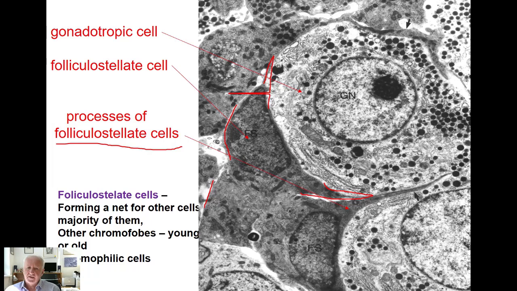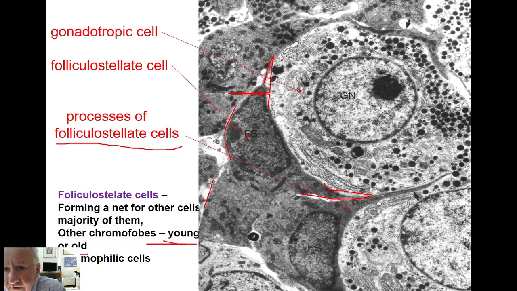So the biggest number are the folliculostellate cells of chromophobic, and a lower number can be young or very old chromophilic cells, young developing chromophilic cells, or dying old chromophilic cells. So chromophobic cells are folliculostellate cells or young or old chromophilic cells.